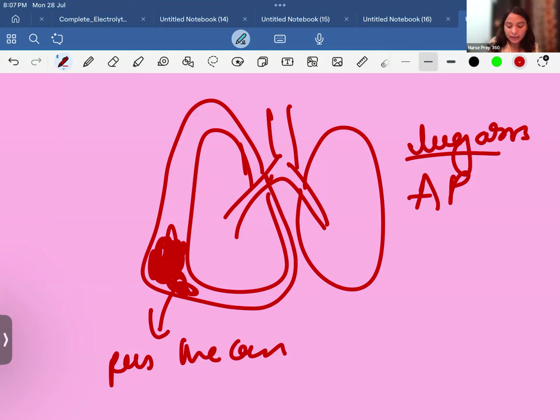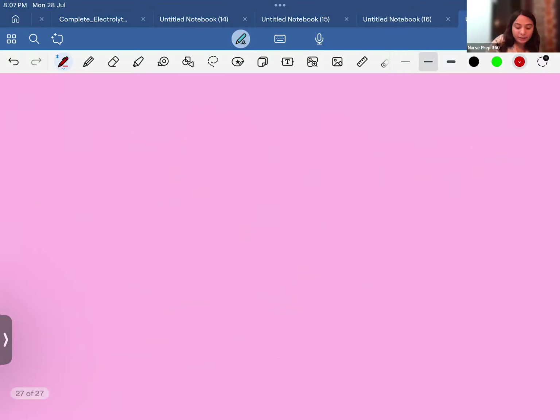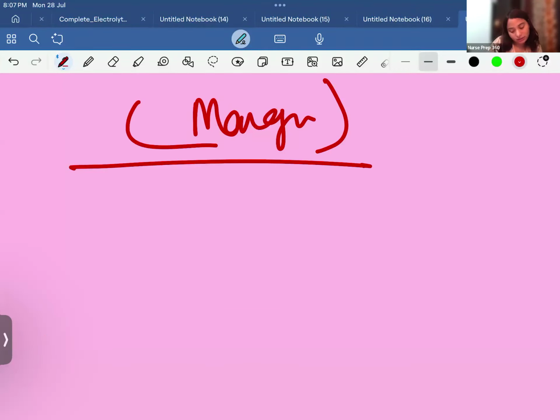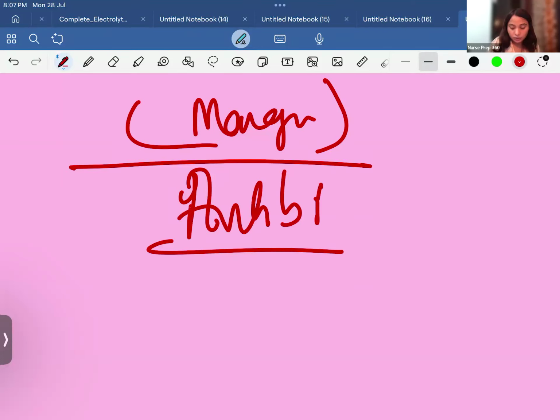Next is ARDS, acute respiratory distress syndrome, that we are going to study tomorrow. Now let's learn about management of pneumonia. It is an infection, and every infection is treated with antibiotics. The first problem is infection, the bacterial growth, so you halt the bacterial growth by giving antibiotics.